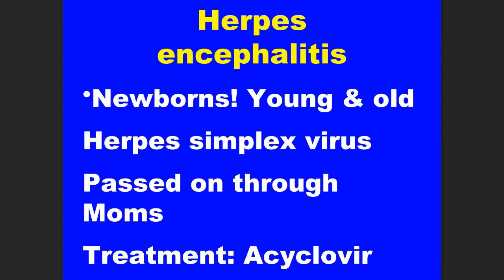This could also happen in newborns. Let's say a pregnant woman has genital herpes, and during birth, they could transmit the virus from their genitourinary tract into the oral cavity of a newborn, and then the virus spreads into the brain and causes herpes encephalitis of the newborn. It's rare, but I thought I'd bring that up.